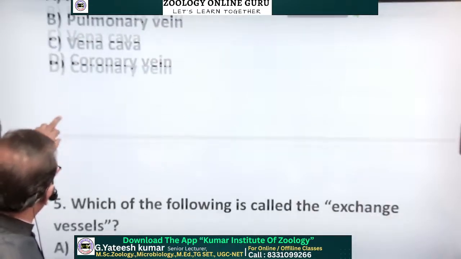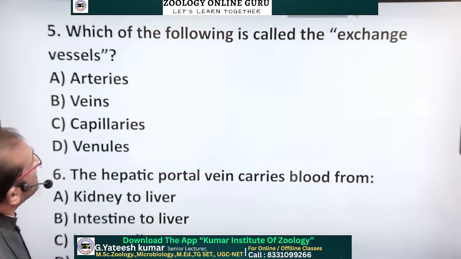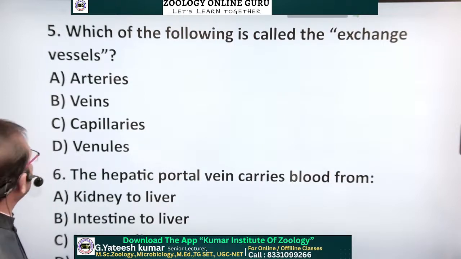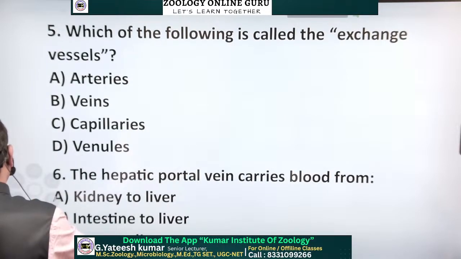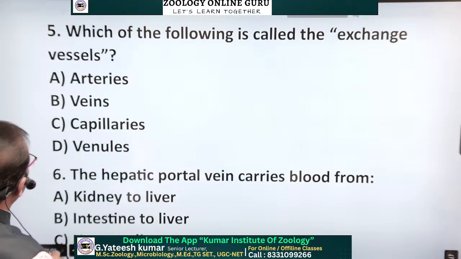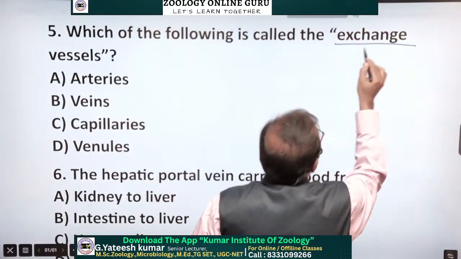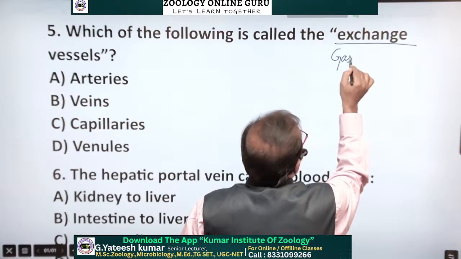Next, question number 5. Which of the following is called the exchange vessel? Arteries, veins, capillaries, venules. Exchange here means gaseous exchange.